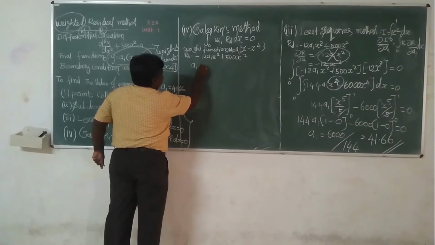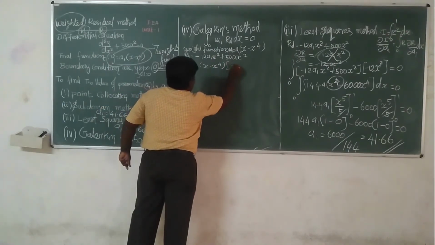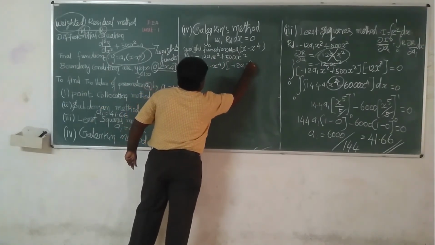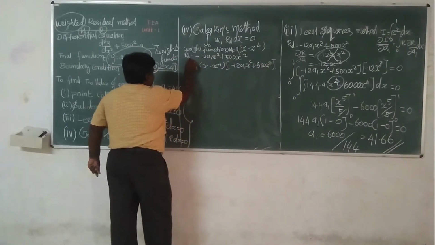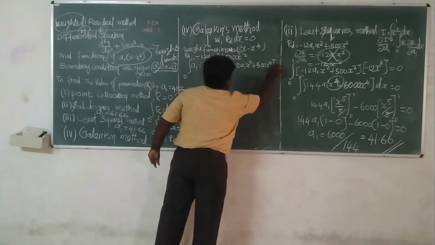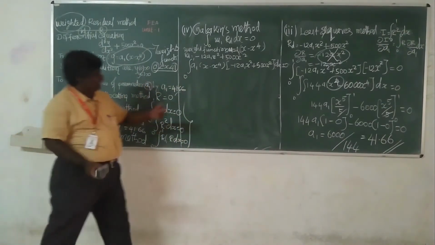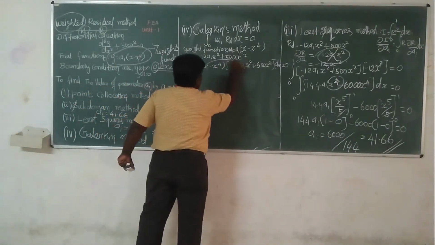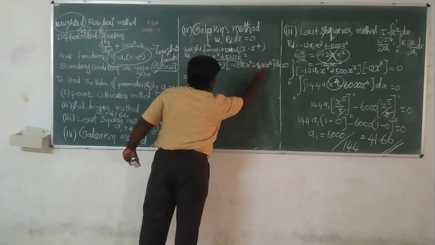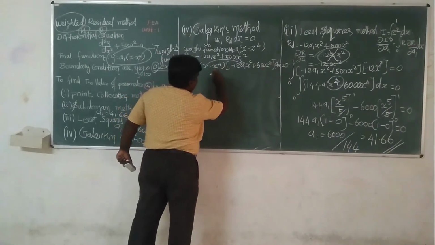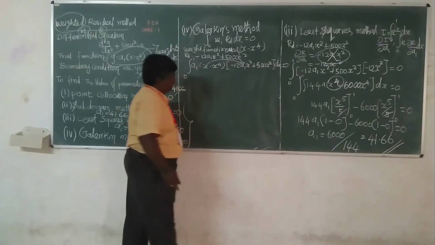It is a1 x minus x4, residual is minus 12 a1 x square plus 500 x square, integration of 0 to 1 dx equal to 0. Simplify this step. First multiply x into 12 a1 x square, x into 500 x square, then minus x4 into 12 a1 x square, minus x4 into 500 x square.